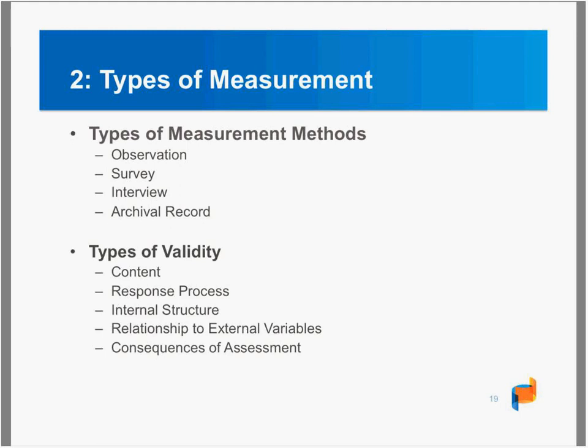And one of the concepts that's very important for measurement is the type of validity. So we describe the different validity concerns that we must worry about, as well as some of the psychometrics. So this section talks about the content, the internal structure, relationship to external variables, and that kind of thing.